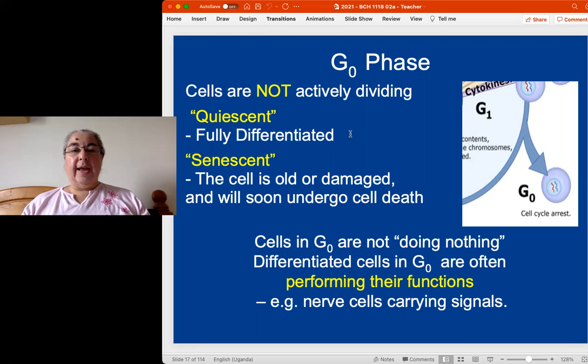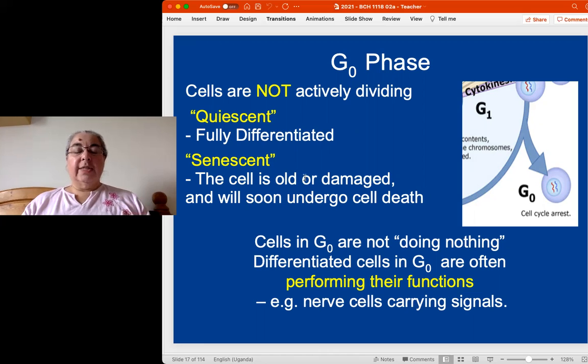They are carrying out their function, and their function is one that is so specialized that they have lost the ability to divide. So an example of this sort of cell might be a neuron in the nervous system. It's carrying out its function, but it's no longer able to divide.